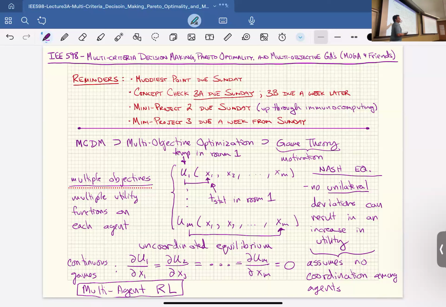So I want to use that to motivate a different solution concept that is often much more useful from a design perspective, because it captures our interests as global designers a little better.